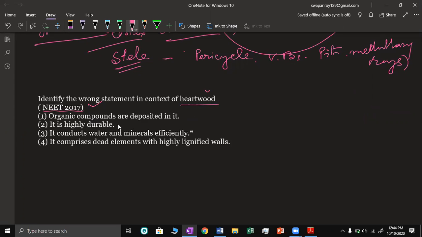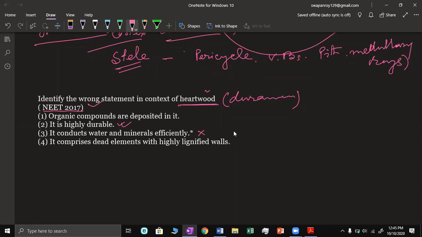It is highly durable. This statement is very correct. That's why heartwood is also called duramen. I have told, highly durable, it is good.